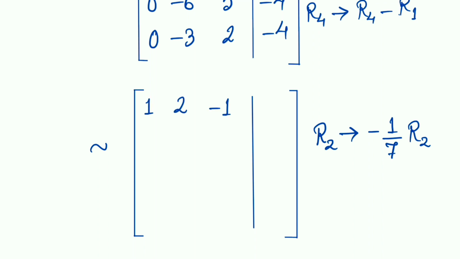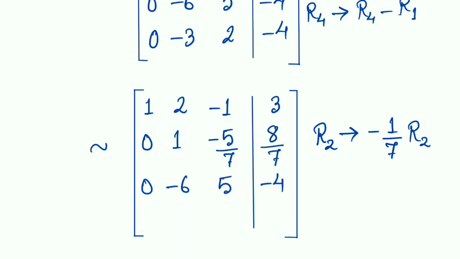It will be as it is, 1, 2, minus 1, 3. And then row 2 will be 0, 1, minus 5 by 7, and then 8 by 7. We will do operations in the B matrix also. So the leading element of row 2 became 1, and the remaining rows will remain as they are.